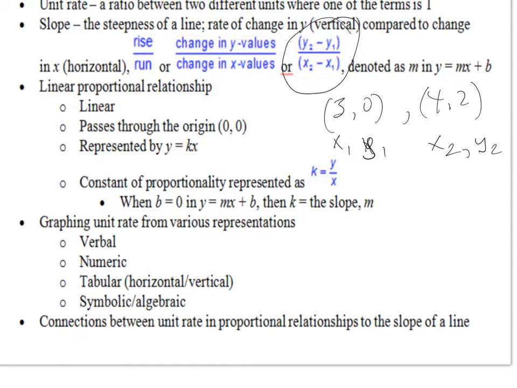It'll always pass through the origin, which gives you 0, 0, and is represented by y equals k times x.